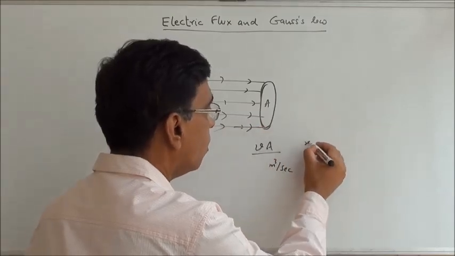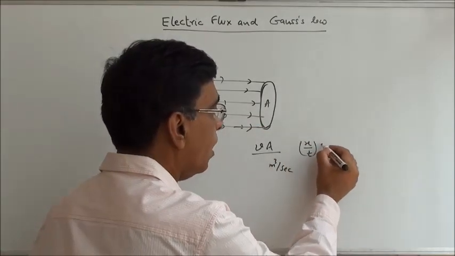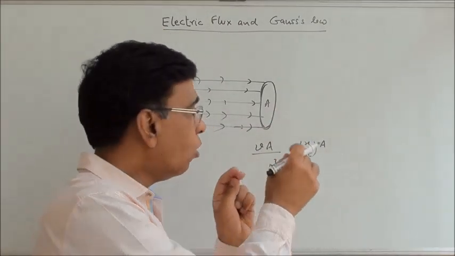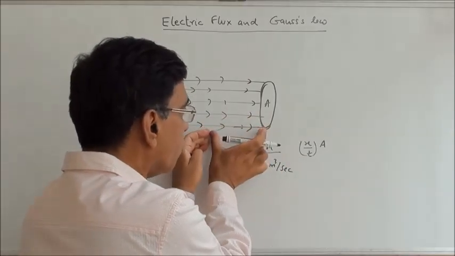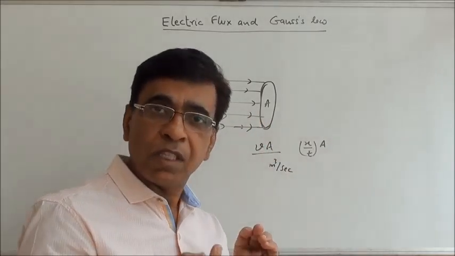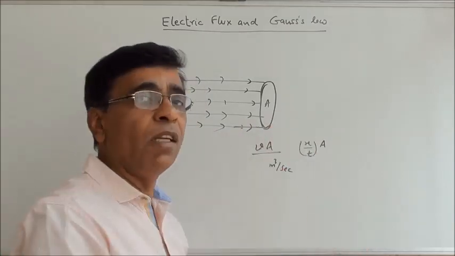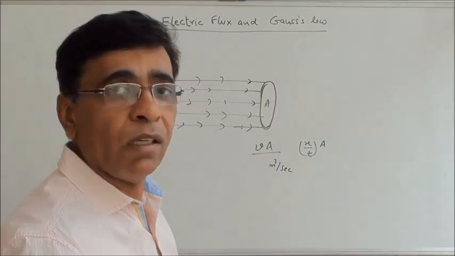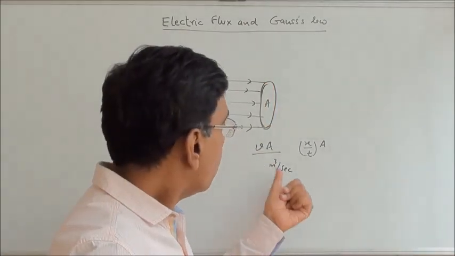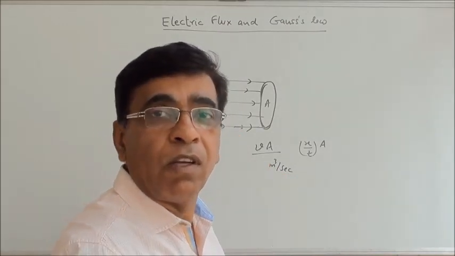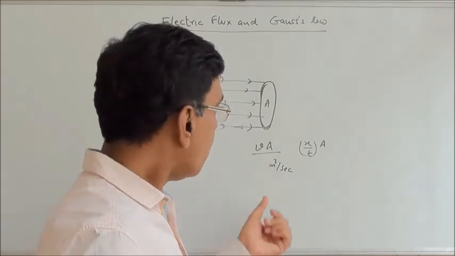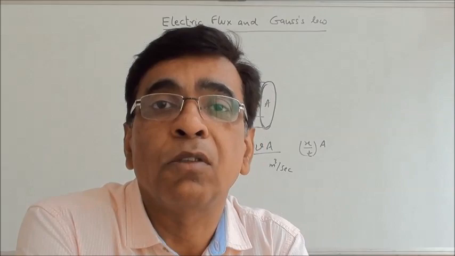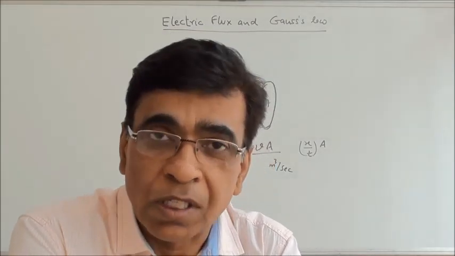The volume of the cylinder, whose length is the length covered in 1 second, which is the velocity, so velocity into area gives me the volume of the liquid flowing through this area in 1 second. This we call flux of velocity, or velocity flux. So it gives us the volume of the liquid passing through any given cross section in 1 second.